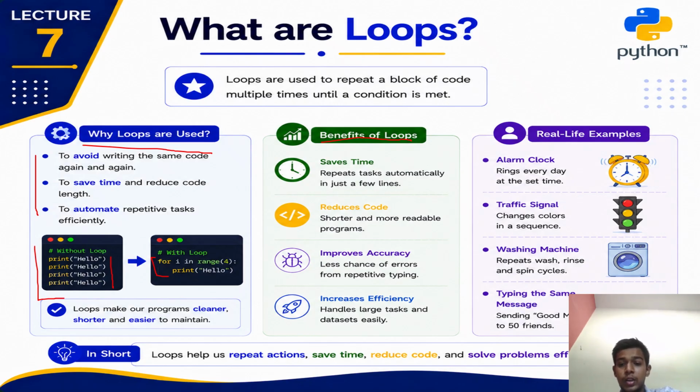Programs become shorter, cleaner, and easier to understand. The third benefit is improved accuracy. Since we write the code only once, the chances of making typing mistakes are much lower. Finally, loops improve efficiency. They can handle repetitive tasks quickly even if they need to repeat hundreds of thousands of times. Now some real life examples.